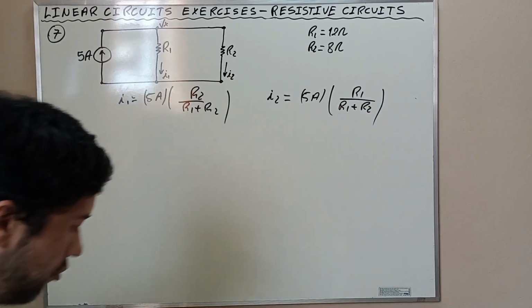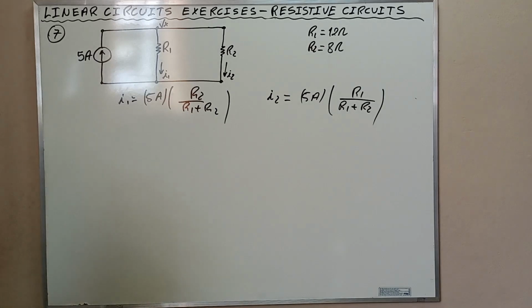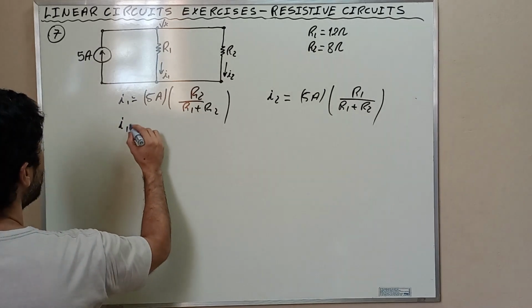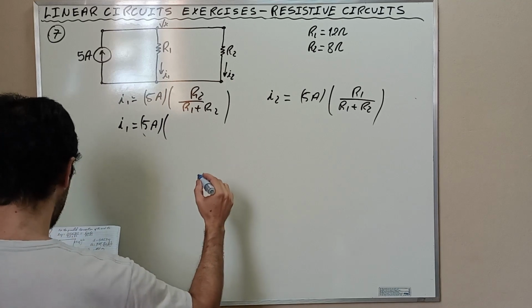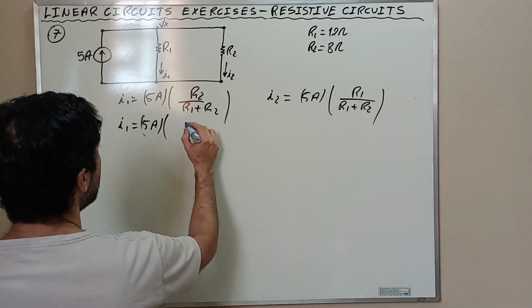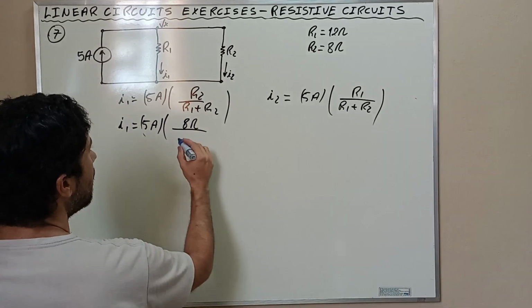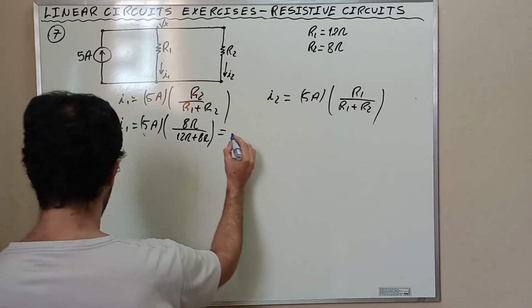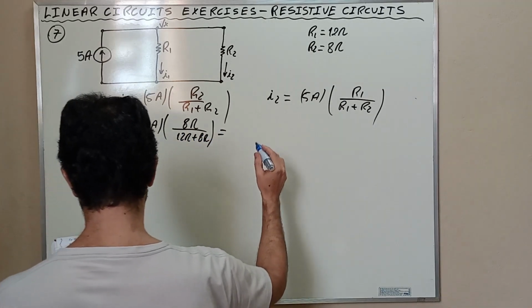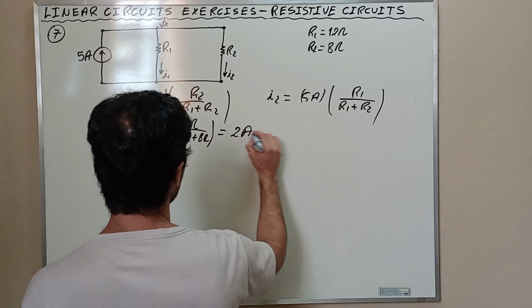What we need to do is to simply substitute the values. I1 is going to be equal to 5 amps times R2, which is 8 ohms, divided by 12 ohms plus 8 ohms, and this is equal to 2 amps.